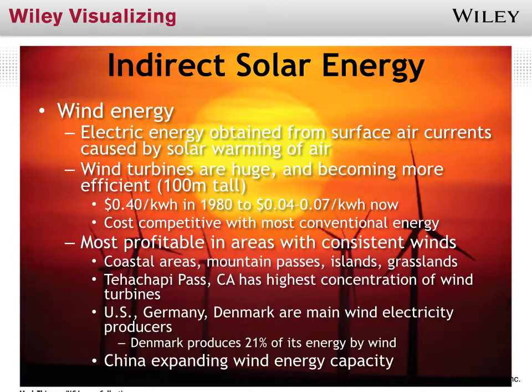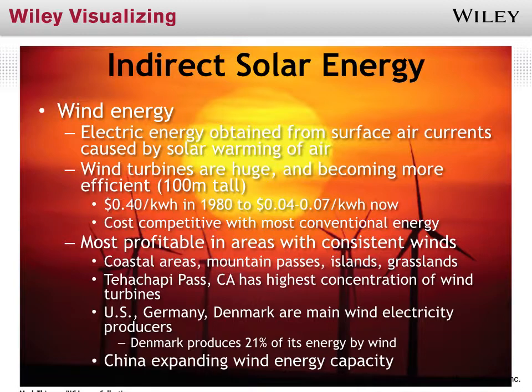So other than solar energy, which is still fairly expensive but has a lot of capability of meeting our needs in the future, the other big one we would look at is wind energy: electricity obtained from converting currents of air on the surface of the earth to electricity. And we're not talking about just little windmills like you might have in your backyard.